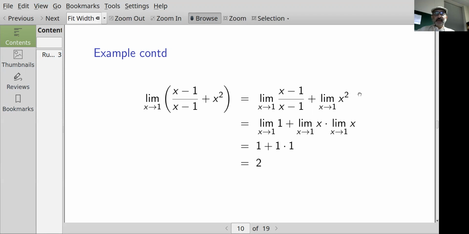Now, the limit as x goes to 1 of 1 and the limit of x squared, both as x goes to 1, is 1. 1 plus 1 gives us 2.